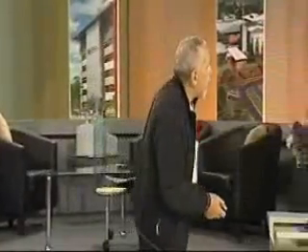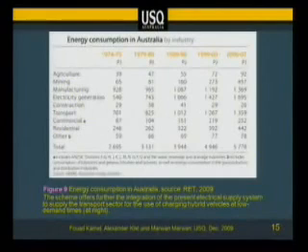Here is again a description of the different energy consumption in Australia. This is from the internet, and it's not a very good picture, but I guess it is clear enough.